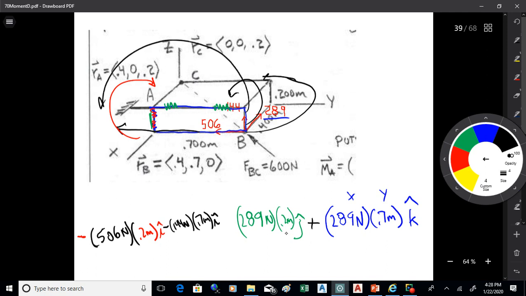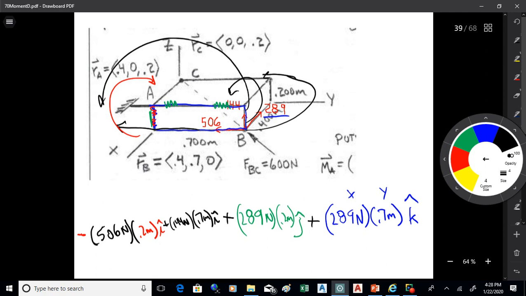Sorry about the writing, not the best. There we go. So 506 times 0.2 I negative, and plus 144 times 0.7 I, and that'll be positive. Let me write that a little bigger here. So that's plus 144 newtons times 0.7 meters. Okay, there we go. All right.